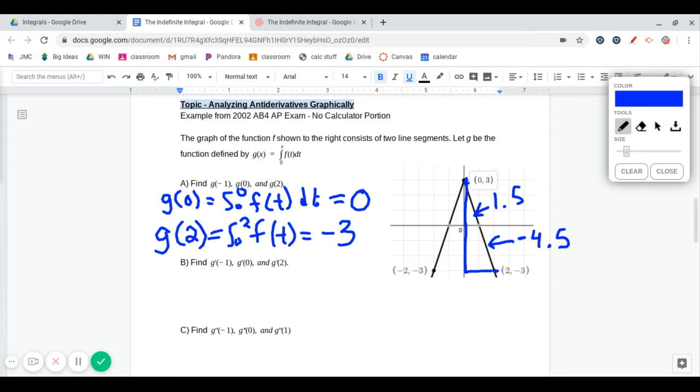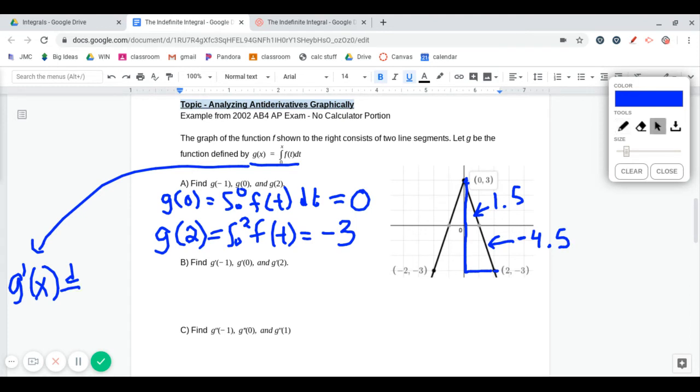All right, now let's take a look at these g primes. I'm going to write this to the side. So g prime of x is the derivative.